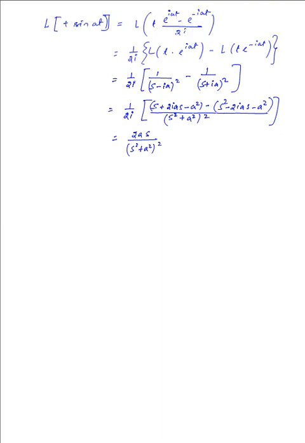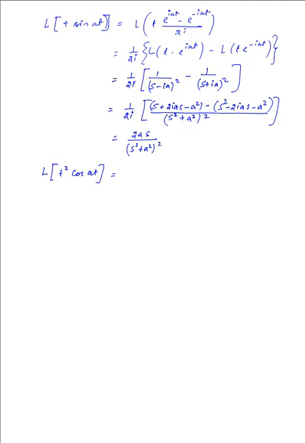Now we move over to the next question, where we have the Laplace transform of t square cosine at. Because it is t squared, the 2 factorial term is going to come up in the numerator. Because we know that the Laplace transform of t raised to the power n is n factorial over s minus a to the power n plus 1.